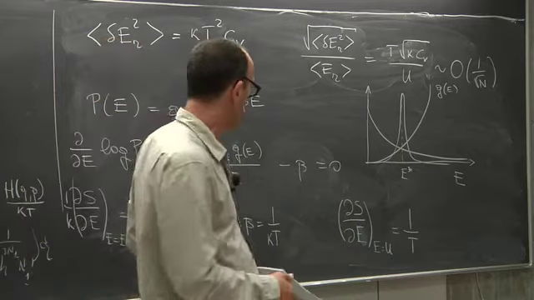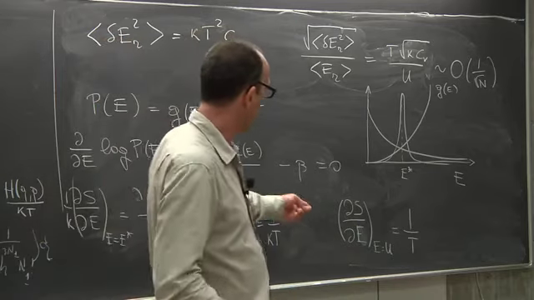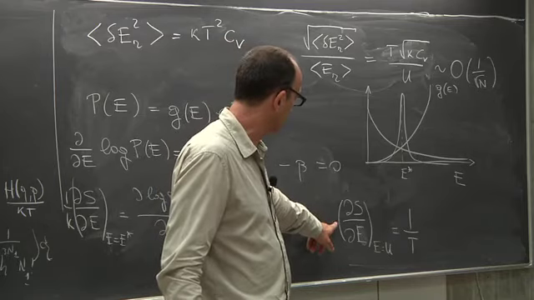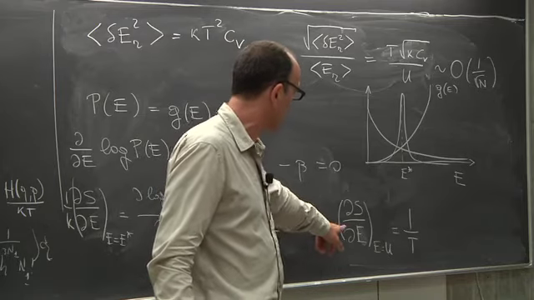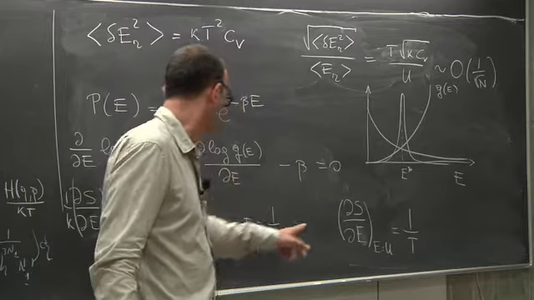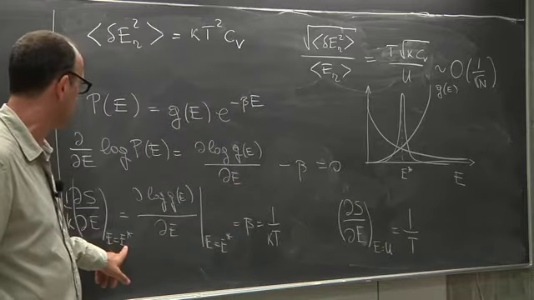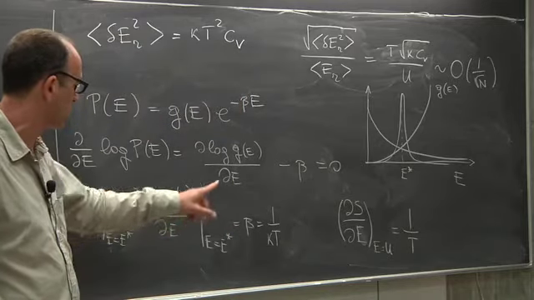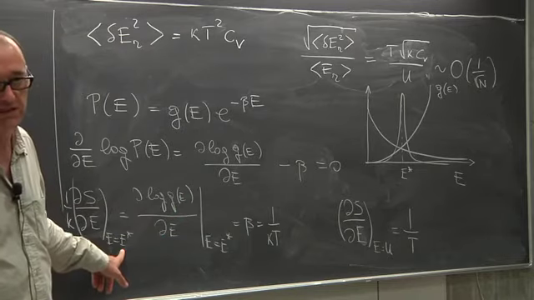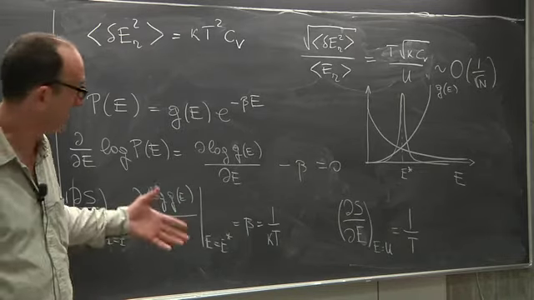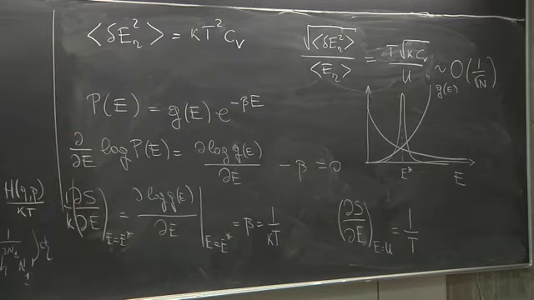So if these are true, it must be that the energy U is equal to the energy E star, or essentially that there is no real difference between E star and U.